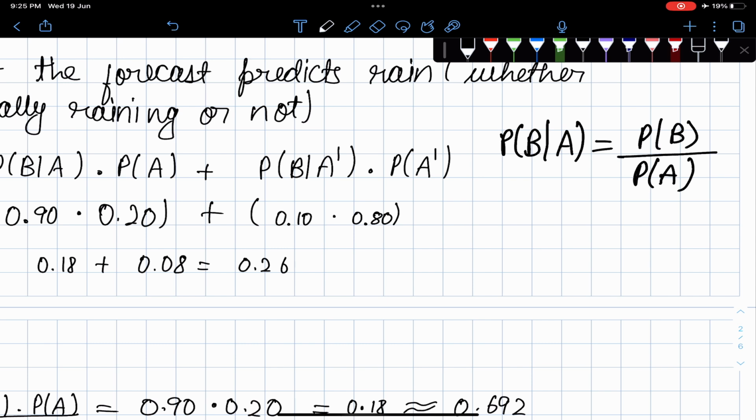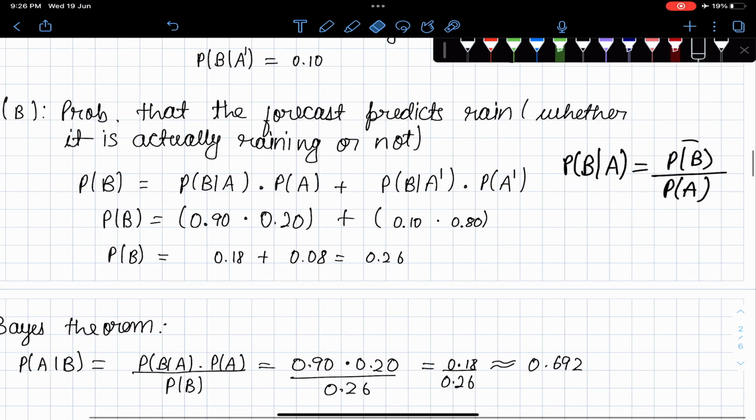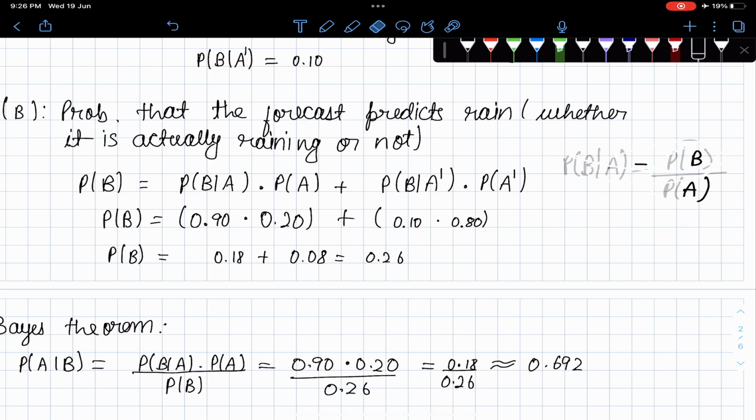What it is saying actually is, what is the probability that it predicts it will rain and it is actually raining. So what is our sample space? That it is raining, and what we have to predict is that it is actually raining. So this is the conditional probability for this, and there will be another condition for this, that it is not raining, and that's how we got this.